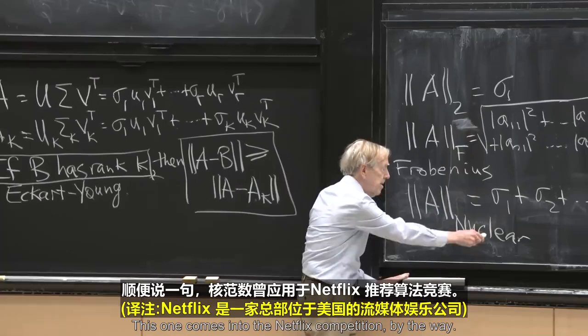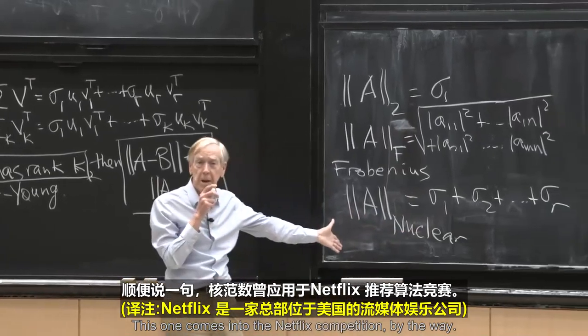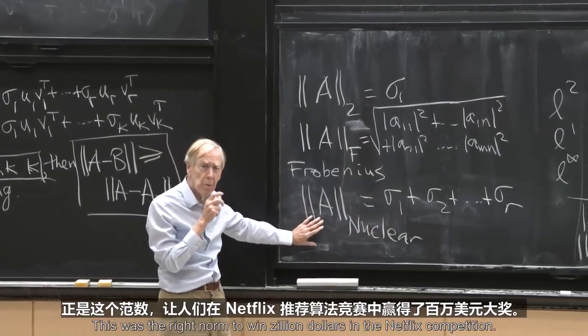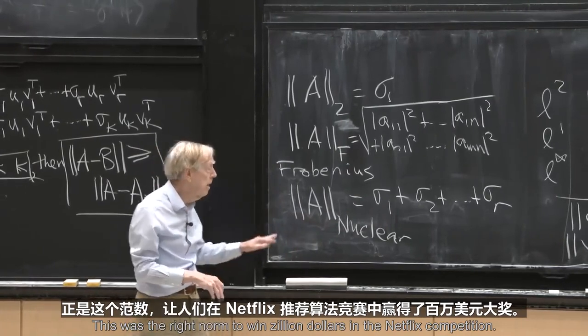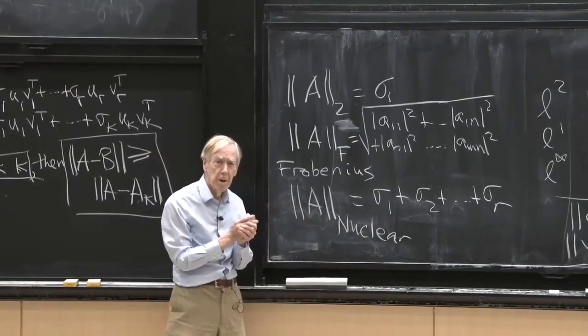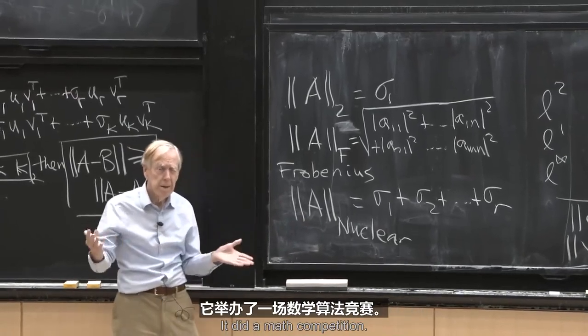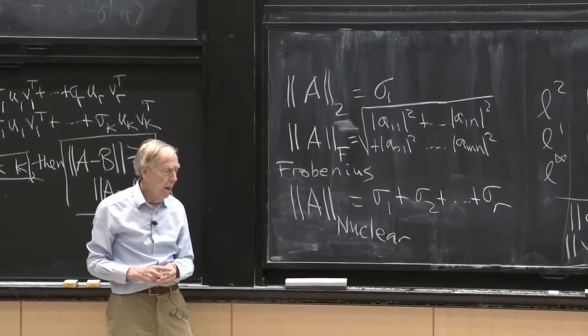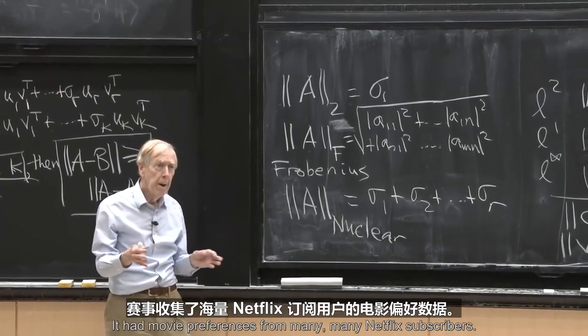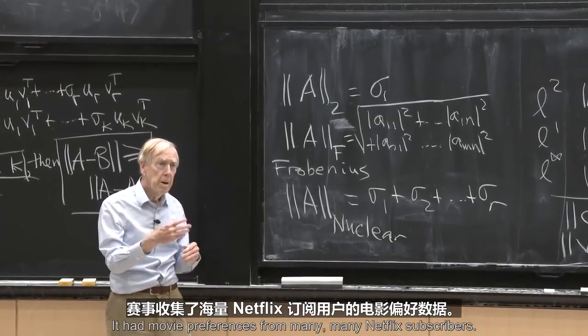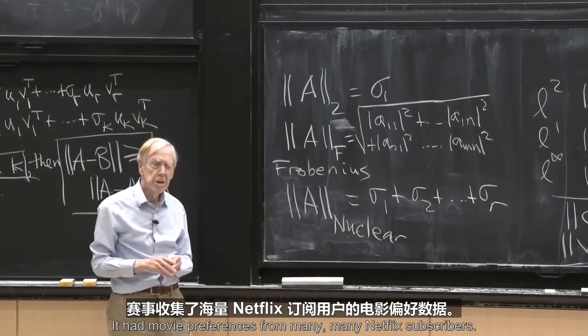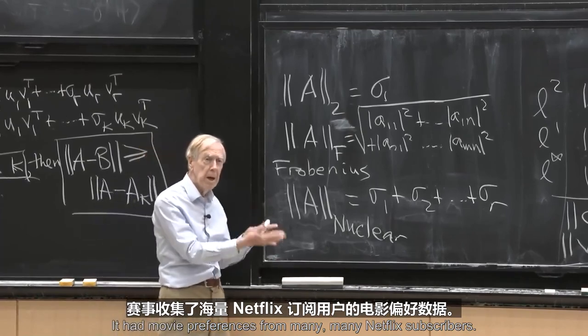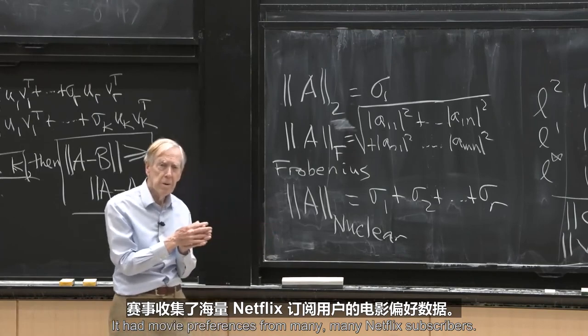This one comes into the Netflix competition, by the way. This was the right norm to win $1 zillion in the Netflix competition. So what did Netflix put? It did a math competition. It had movie preferences from many, many Netflix subscribers.